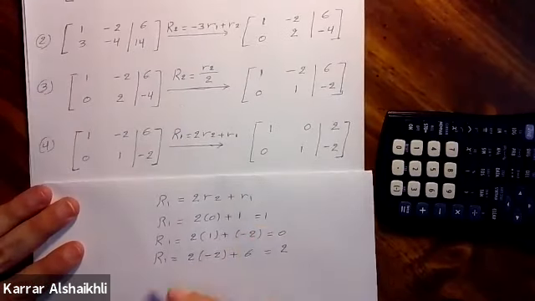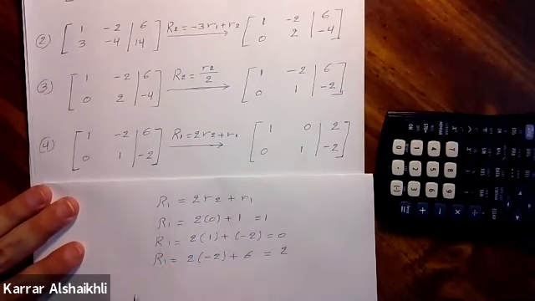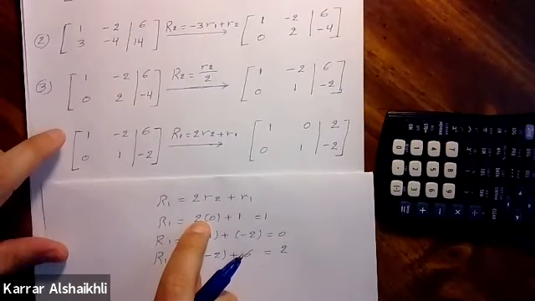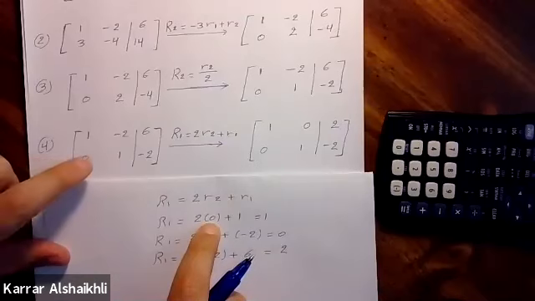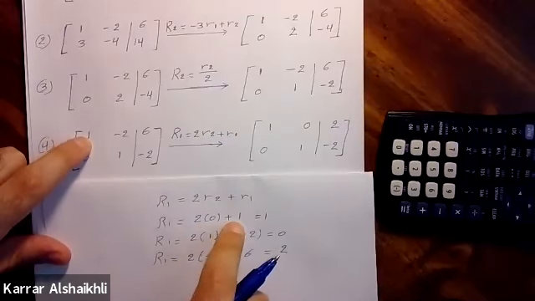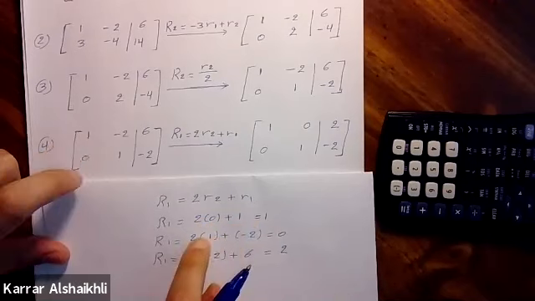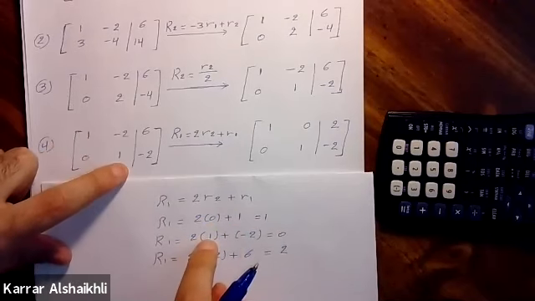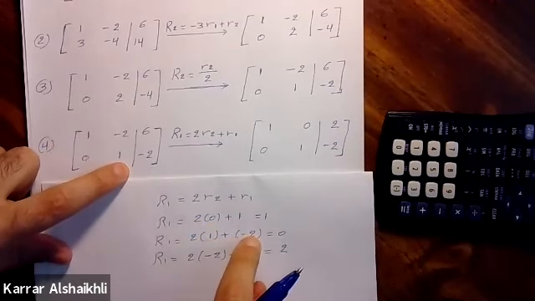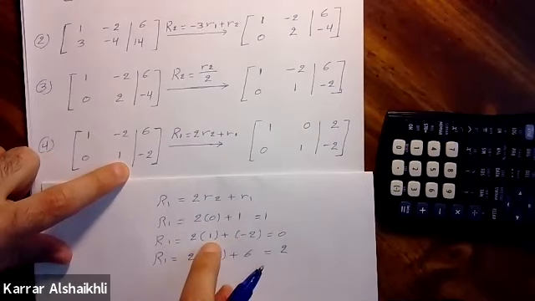Here are the steps. This is the rule. Write down the rule. The first number, 2 times R2. So 2 times 0 plus R1. 2 times 0 is going to be 0 plus R1 is going to be 1. R2: 2 times 1 plus -2. 2 times 1 is going to be 2 plus -2 is going to be 0.